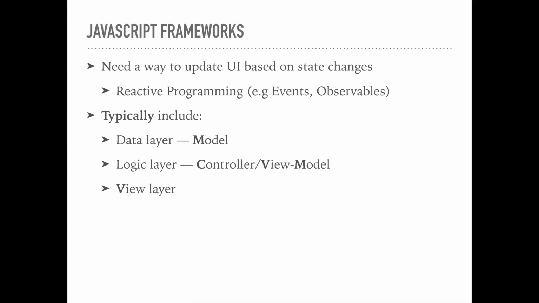Those are 2 mechanisms that are used mostly. And the last one is the view layer. View layer is what we see. So the idea is that, let's say you click a button, right? The button sends an event to your controller or view model. The view model says, okay, I need to get this data, and then I need to send it back to the view. So that's the cycle, okay?